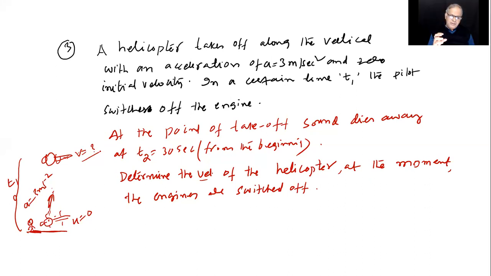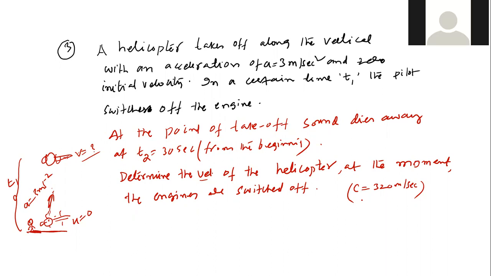Have you understood the question only? That's the basic thing. Does the sound even come in the equation? The speed of sound also may be given. For example, speed of sound may be 320 meters per second. Tell me, what is the question asking you?